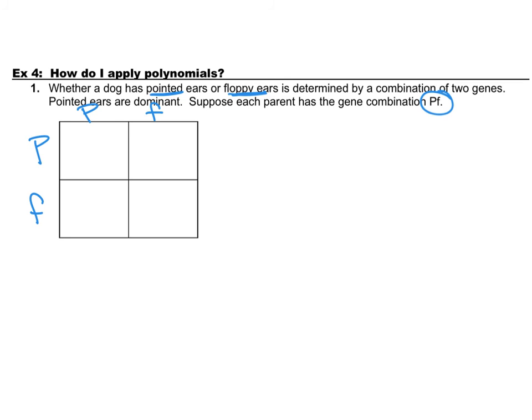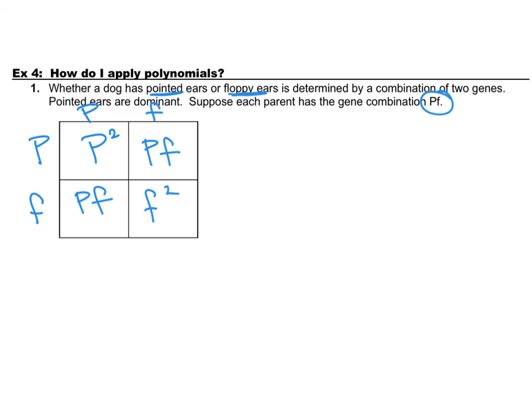So let's go ahead and take a look at all the different combinations that we could have of the genes that are being passed on to the dogs. So I'm going to have two parents that have pointed, and this would be a P and an F. And here I'd have a P and an F. And here I'm going to have two that are the floppy ears.